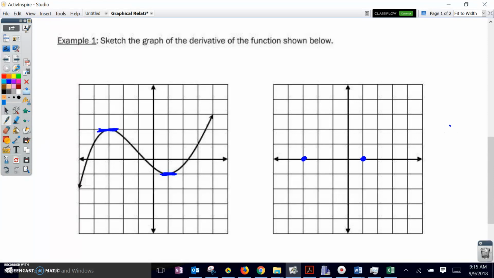Now I'm going to look at what happens in between those two zeros and what happens outside of those two zeros. If you look at the initial curve between where those two zeros occur, you can see that the slope is negative on the entire interval, and the slope appears to be its steepest right about here, about halfway in between those 2 points.